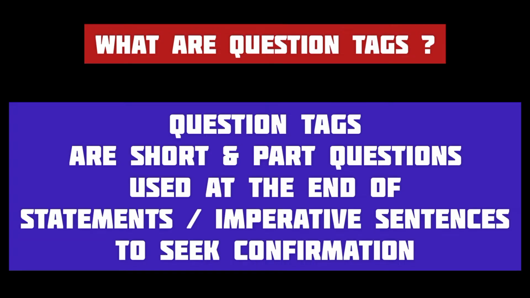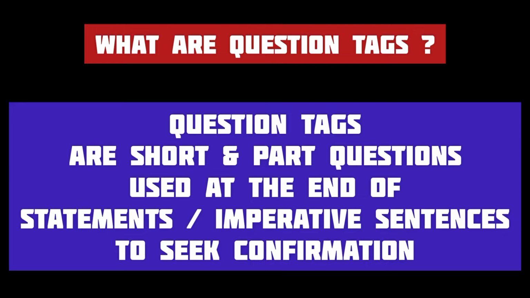So it's clear that question tags are not full questions. They are interrogative fragments or pieces attached to the main statements. So question tags are short and part questions used at the end of statements or imperative sentences to seek confirmation. So these question tags or tail questions come after the sentences to ask for approval or confirmation about them.